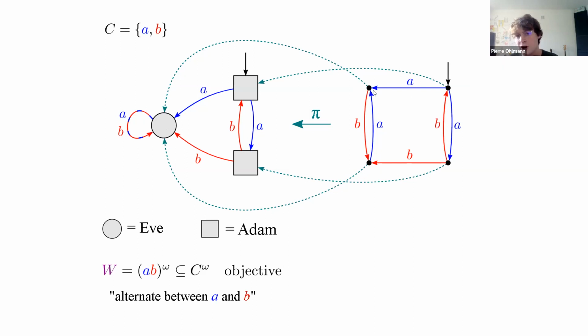But when we want to come up with a strategy, we are able to somehow duplicate some states of the game in order to make different moves in different states of the strategy. This is exactly what's happening here. We don't need extra memory for Adam states, so we don't have to duplicate them.